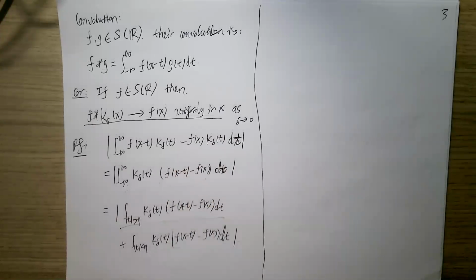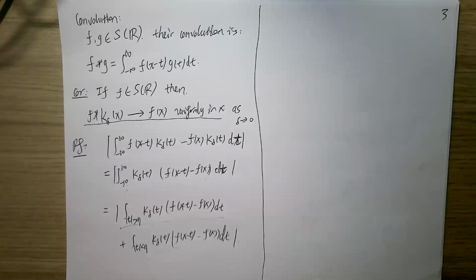So you want to say for any x, you can find one t or one eta, so that if t is less than eta, f(x - t) is always very close to f(x), right?